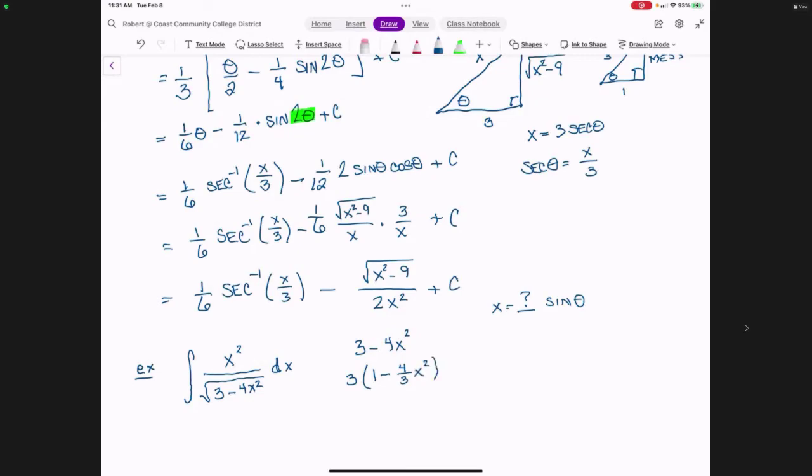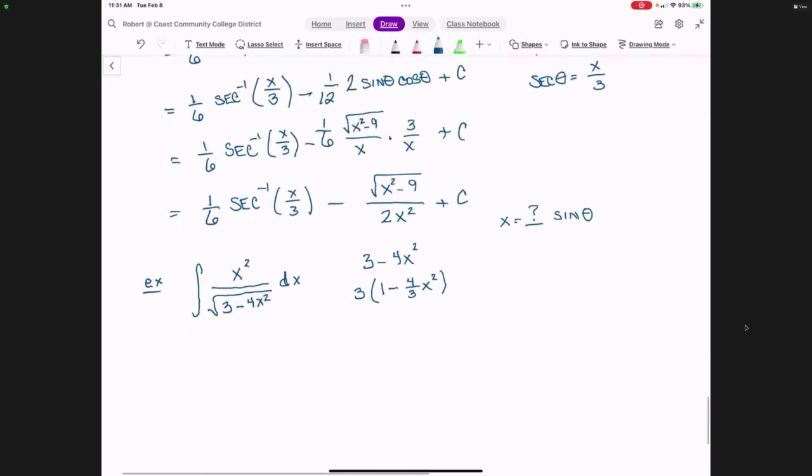And so what I want, again, if I put this down, if I want 1 minus 4x squared over 3 to be 1 minus sine squared theta, what I would need to get this to work would be to have 2x over the square root of 3 equaling sine of theta.